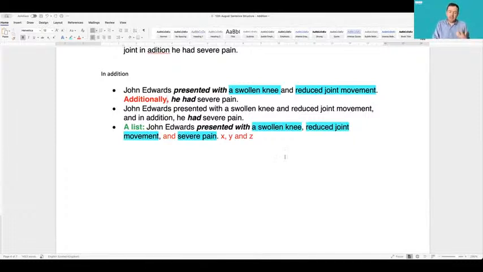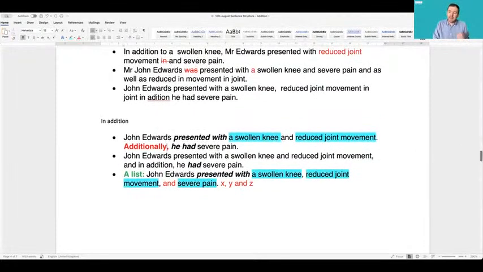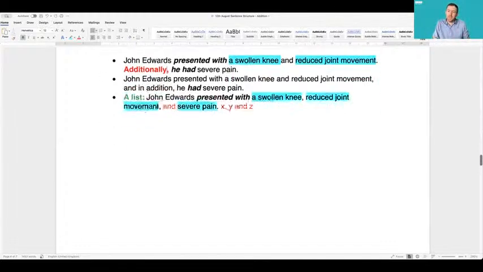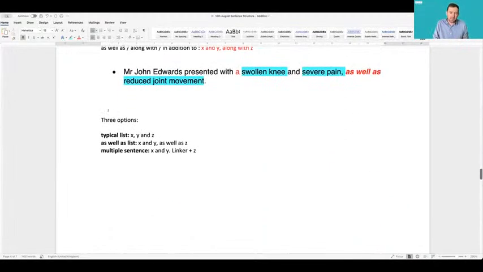But what you're doing with and, remember, and can introduce a new sentence, or it can introduce a new noun, or it can be that third thing in the units of the list. So in listing, this could be a list where you have one verb and multiple nouns, or it could be verb listing. All right.